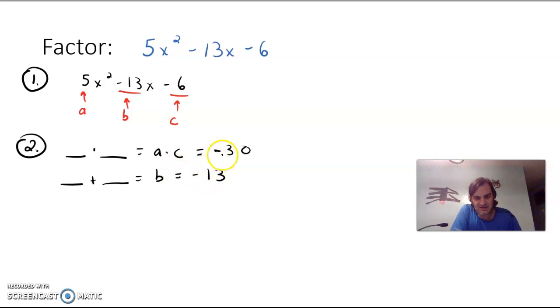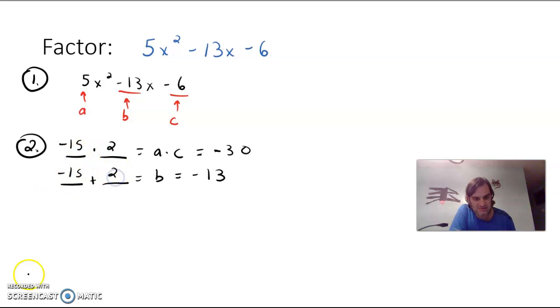Now it's quite easy to look at this and think that you're going to use 3 and 13, but actually if you multiply 3 and 13, you don't get 30. Excuse me, 10 and 3 is what I was thinking, but that's not going to work. What you want here, I believe, is negative 15 and 2.